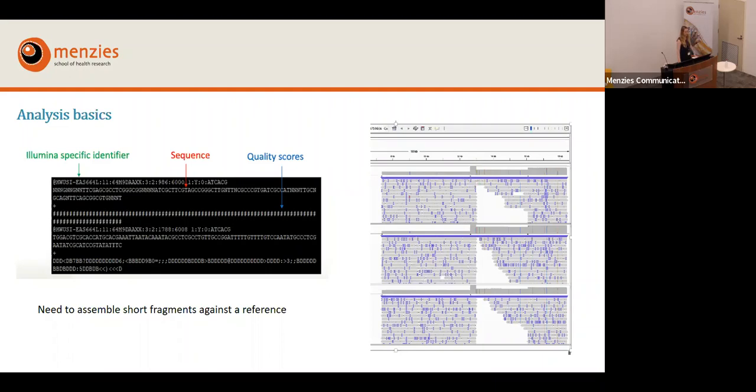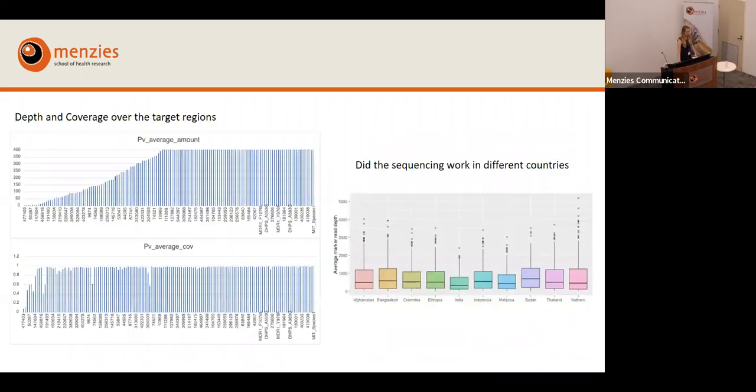The reason we're interested in read depth is if you want to look at variations in the genome, you've got to make sure that your variation is actually there. So you want a certain amount of depth over that variation to make sure it's true and not a sequencing error. So we did that, and what you can see here from our first run is that most of the markers worked. Not all did.